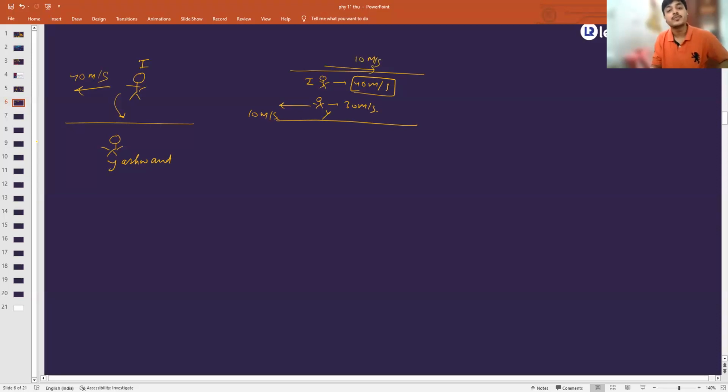Yes or no? The relative speed between me and Yashwant will be 10 meters per second, because he is 30, I am 40. So I'll be moving forward 10 meters per second more than what Yashwant is moving, so I'll be taking him over. So what I will see is that Yashwant is going backward with 10 meters per second. That's what happened.